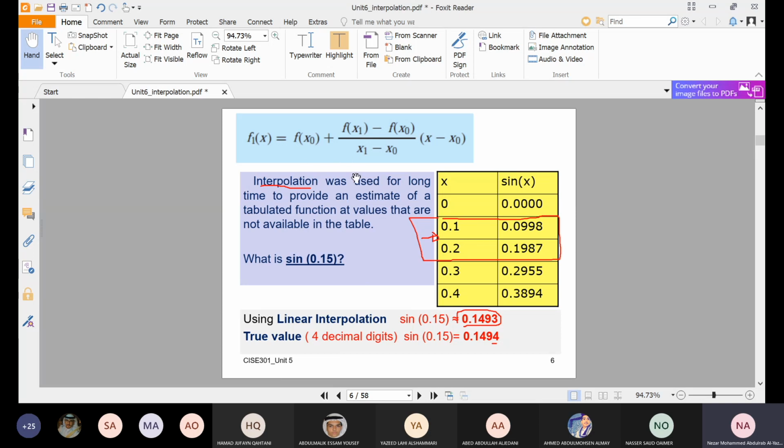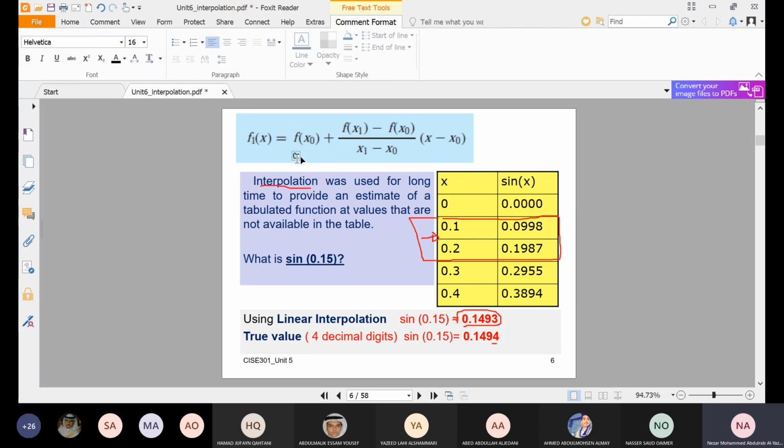What's x0? x0 is 0.1, I use it, and x1 is 0.2. So what's the function at x0? It's equal to 0.0998, so I substitute it here.